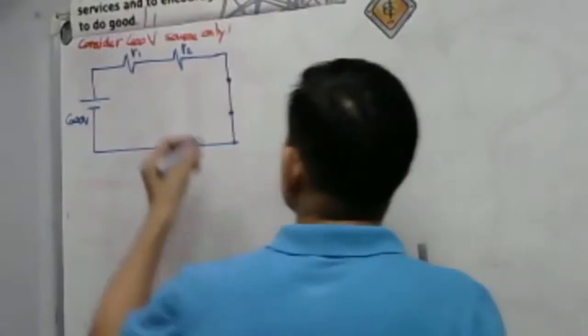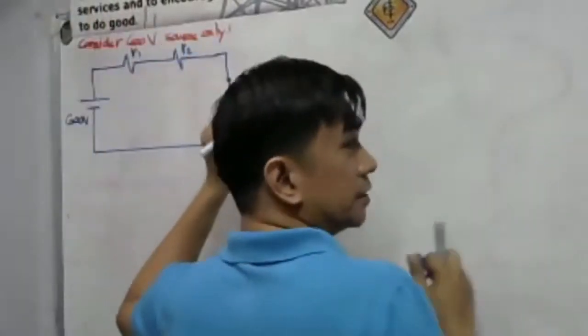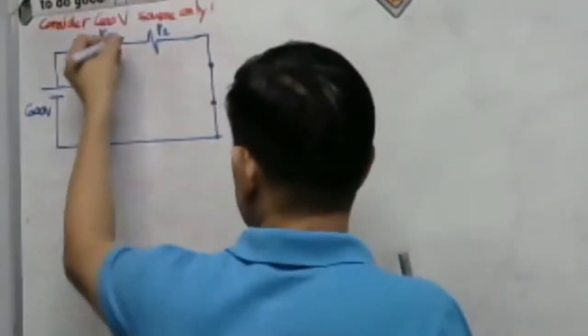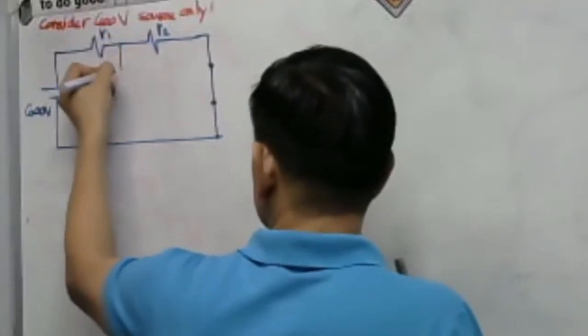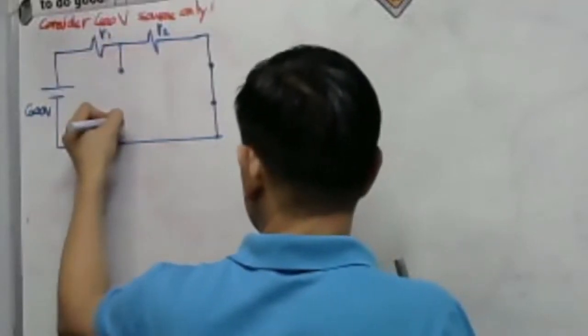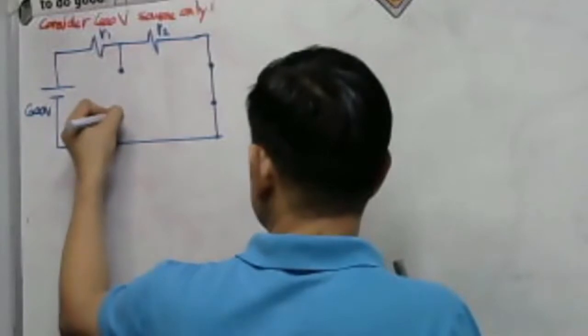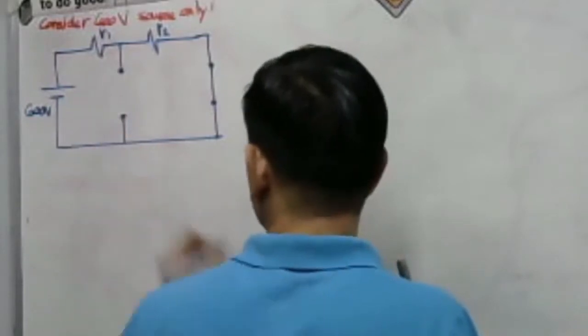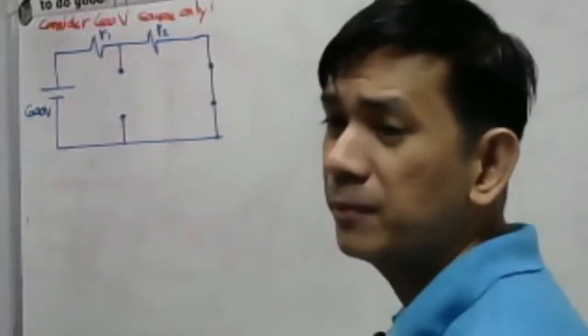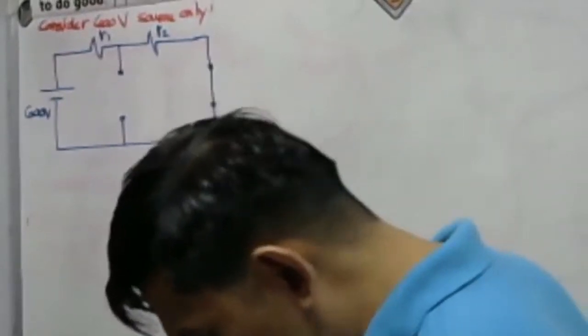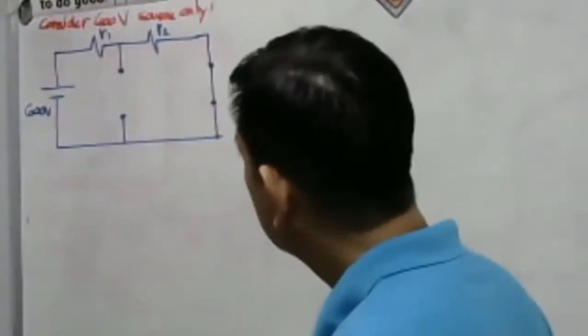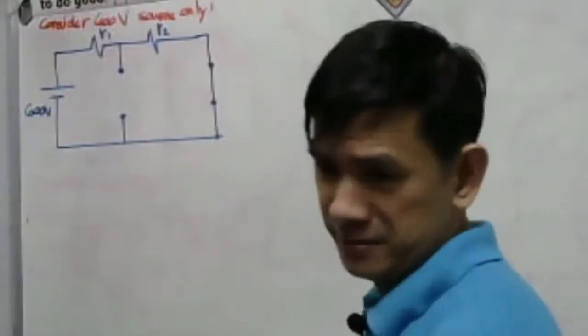What will you do with the 200 ampere source? The 200 ampere source here, let's say this is the two terminals. Remove the 200 ampere source. You have to remove it. And then, you let it open.